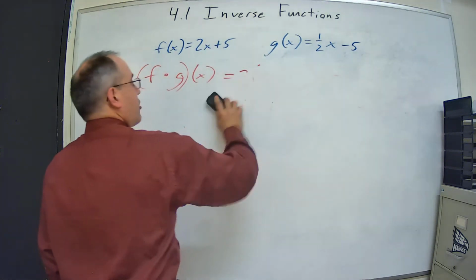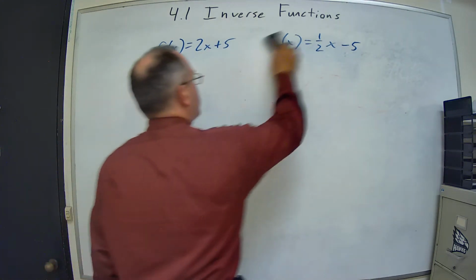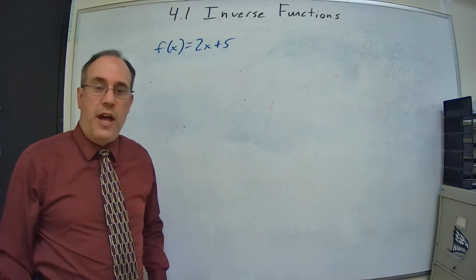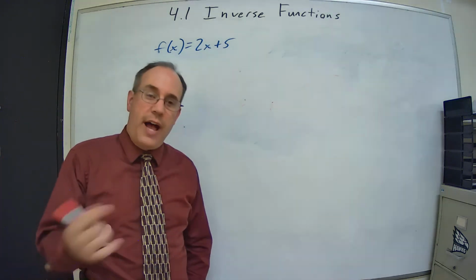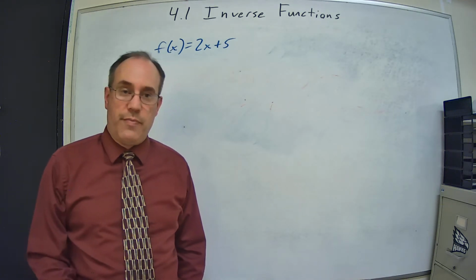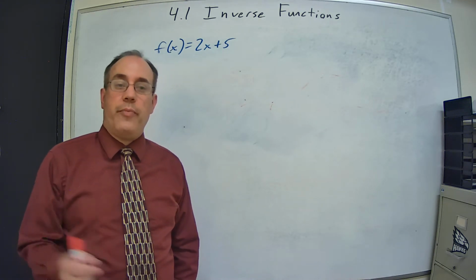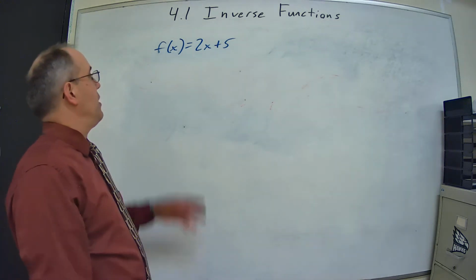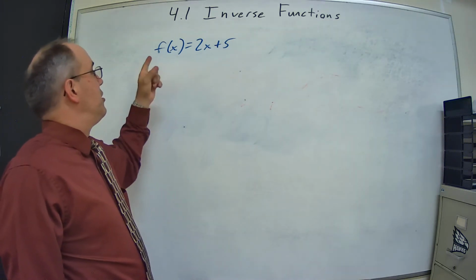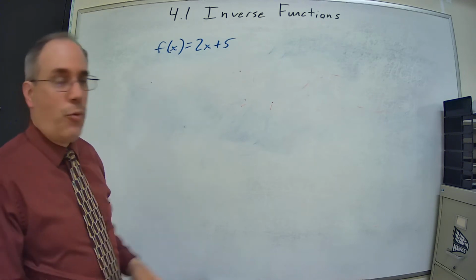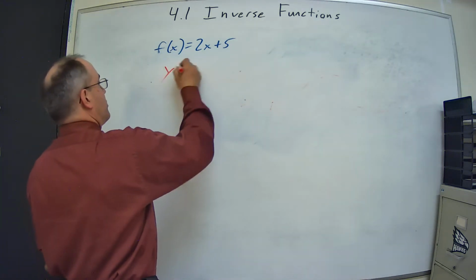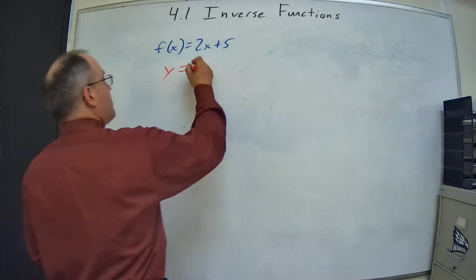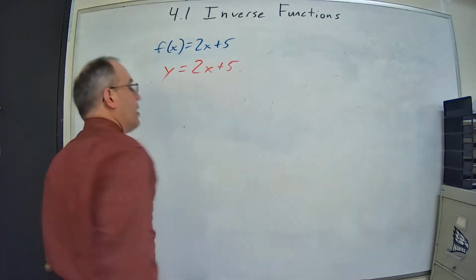But that does lead to the question, let's say we have the function f of x equal to 2x plus 5, and I want to find its inverse. Well, what am I going to do? Simply, what I'm going to do is I'm going to turn f of x into y. Because remember, f of x is just another way of saying y, the output, is equal to 2x plus 5.